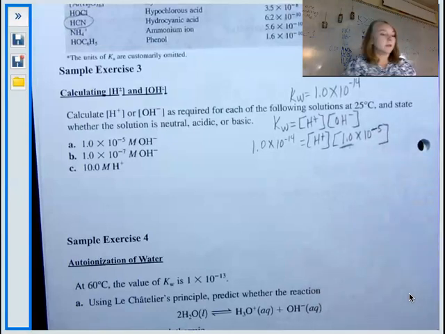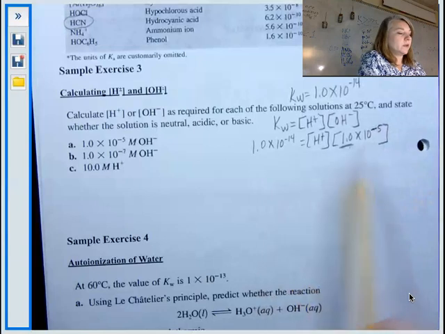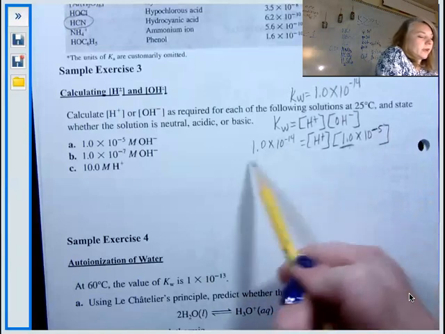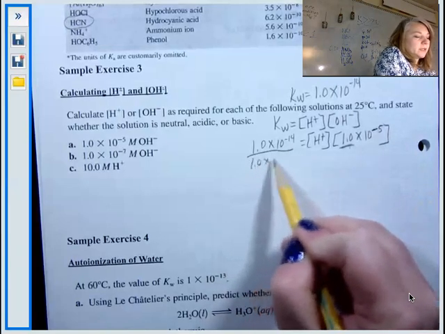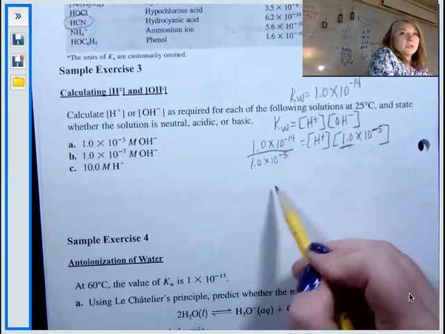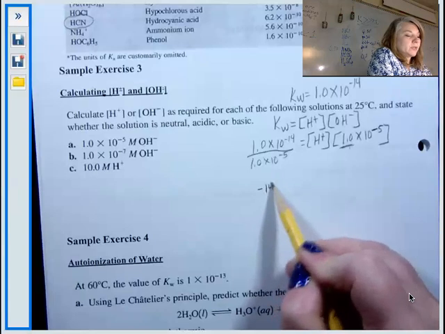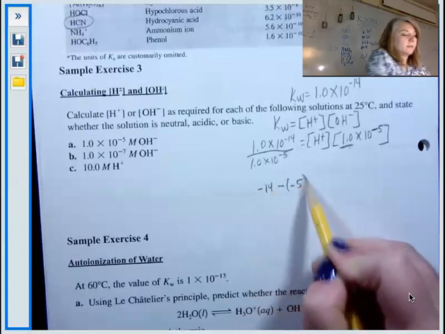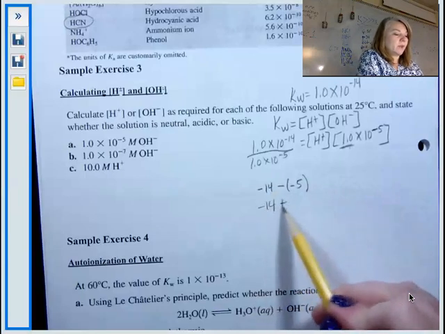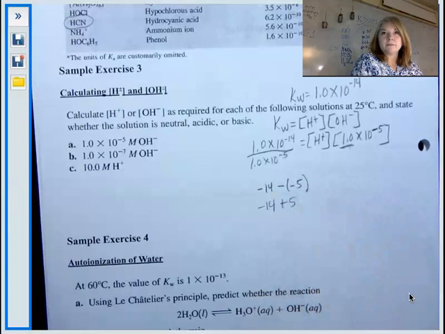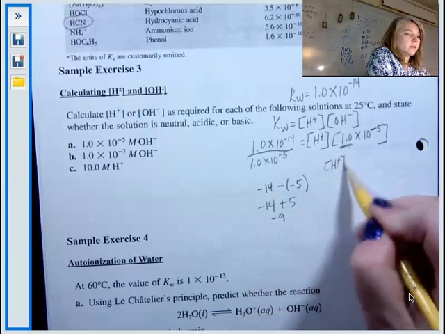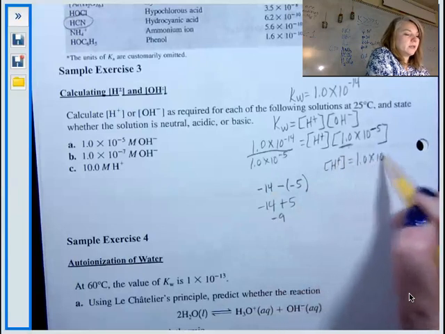We're dividing 1.0 times 10 to the negative 14 by 1.0 times 10 to the negative 5. When we divide exponents, we subtract them, so negative 14 minus negative 5 is negative 14 plus 5, which gives us negative 9. So our hydrogen ion concentration is 1.0 times 10 to the negative 9.